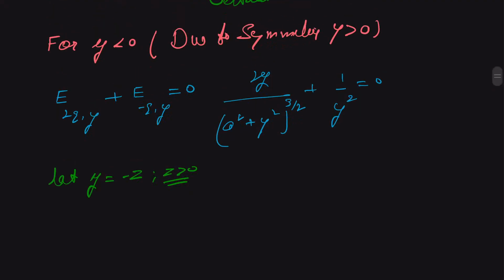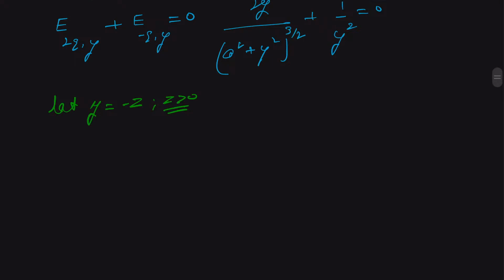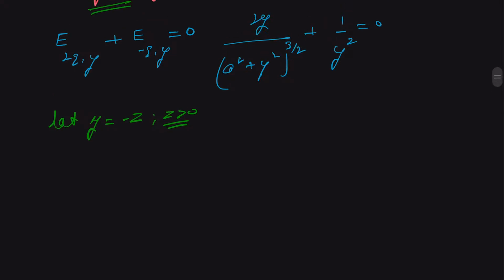Okay, please keep in mind we are discussing it for y less than 0. Therefore we get this as our 2 of z upon a square plus z square to the power 3 by 2 is equal to 1 upon z square.